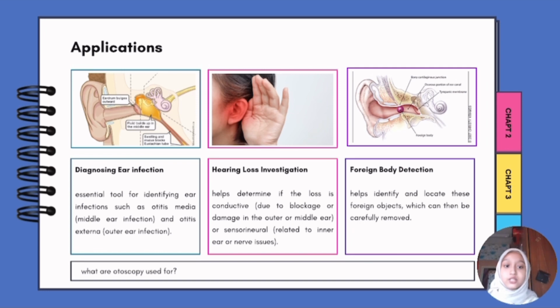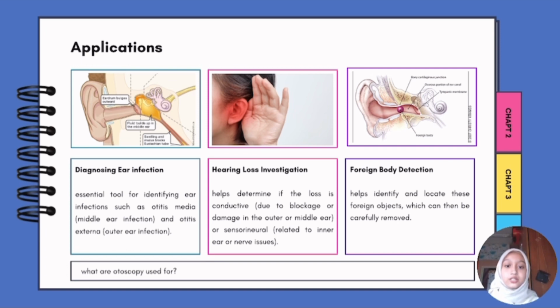Otoscopy can reveal earwax buildup, perforation in the eardrums, or fluid in the middle ear, all of which can cause conductive hearing loss. Identifying the cause is crucial for deciding the appropriate intervention, whether it's removing earwax, treating an infection, or referring the patient for further audiological assessment.